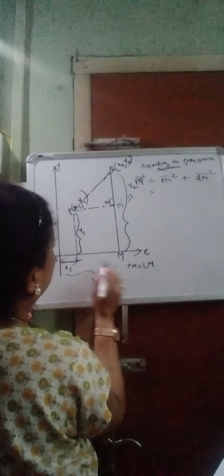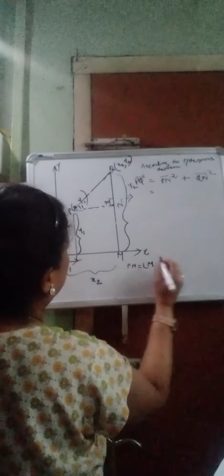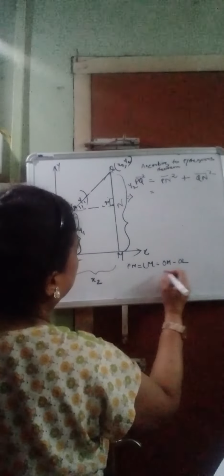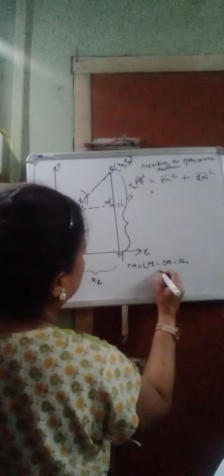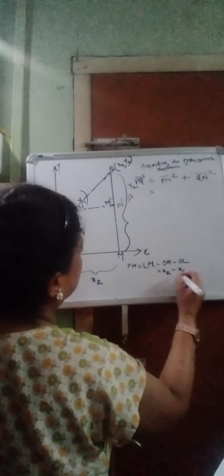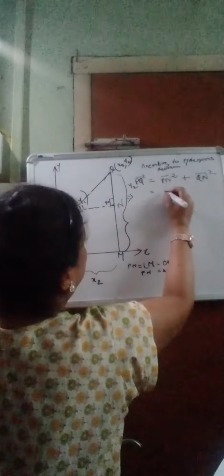And LM is equal to ON minus OL. ON means x2 and OL means x1. So we have got PN equal to x2 minus x1, whole square, plus, then similarly I will find out QN.